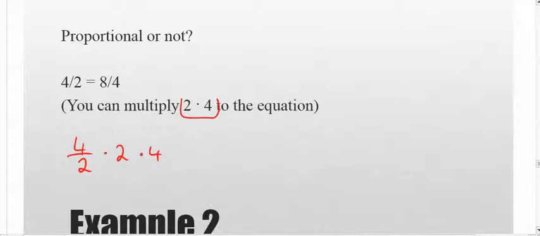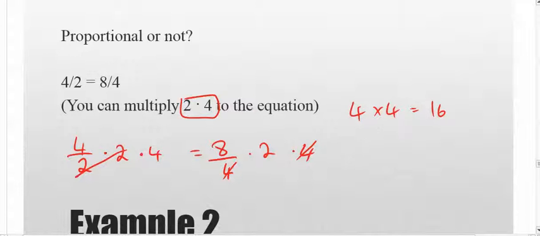So you apply both of these to the equation, which equals 8 divided by 4 times 2 times 4. So both the 2's would cancel out, and both the 4's would cancel out, leaving 4 times 4 and 8 times 2. So 4 times 4 equals 16, and 8 times 2 also equals 16, meaning that this is a proportional relationship. So yes, proportional.